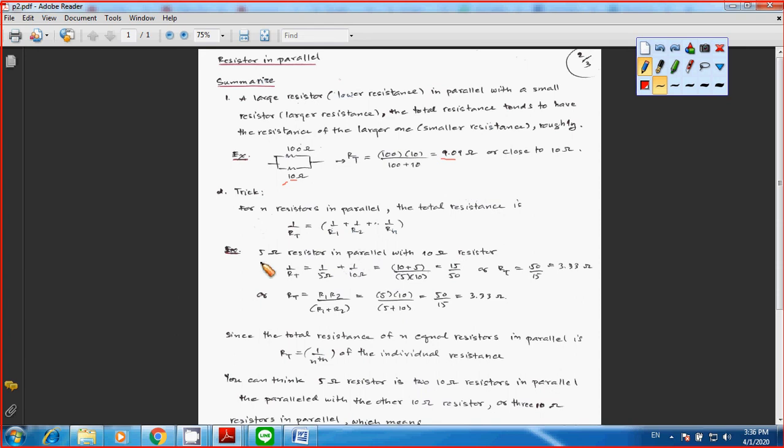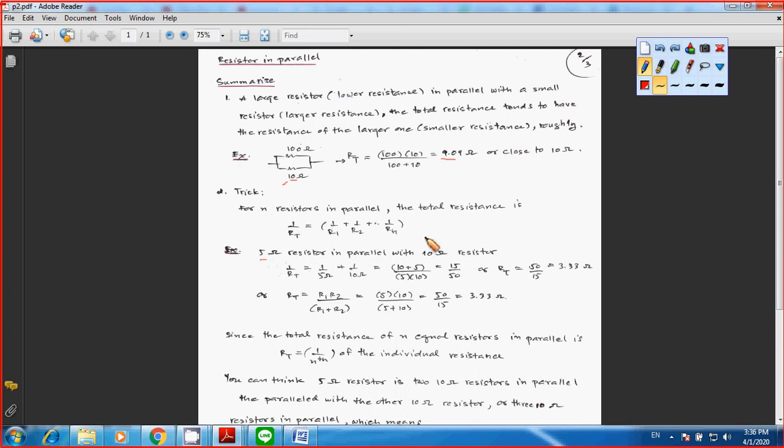Now, just for simplicity of calculation, this is another way to look at your net resistance. For example, if you have a 5 ohm resistor in parallel with a 10 ohm resistor, basically you have only two resistors, 5 ohms and 10 ohms. Now you can take a look at the 5 ohm resistor. It can be made from two 10 ohm resistors in parallel.